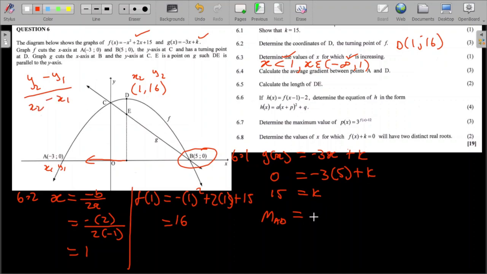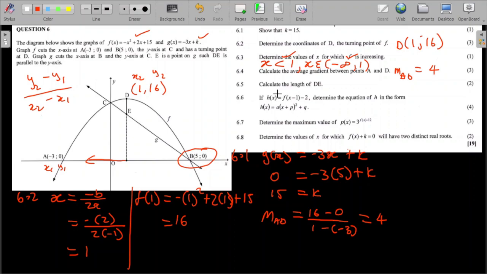So my y2 in this case is going to be 16 minus my y1, which is 0, all over my x2, which is 1, minus x1, which is negative 3. That gives me 16 minus 0 all over 1 plus 3, which is going to give me 4. So the average gradient of AD is equal to 4. That's the average gradient there.